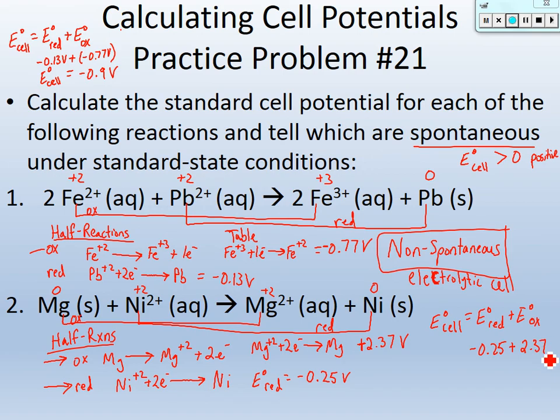And so if you take 2.37 and subtract 0.25, the electric potential of this cell is equal to 2.12 volts. And it's positive. So if it's positive, that tells you that this electrochemical cell is spontaneous.